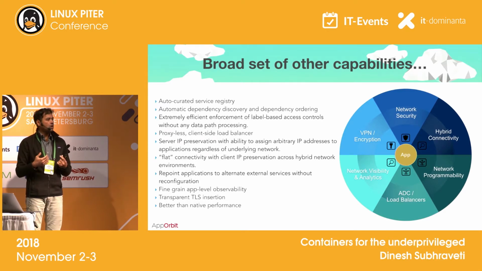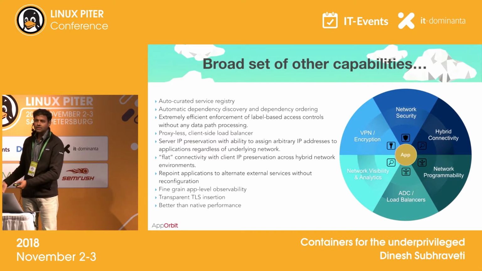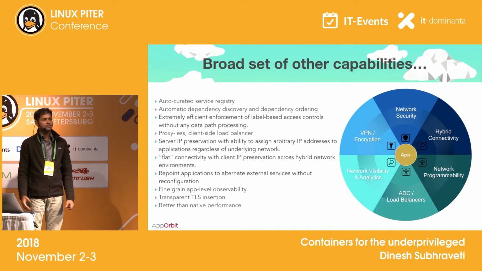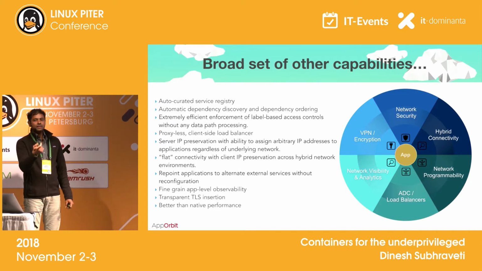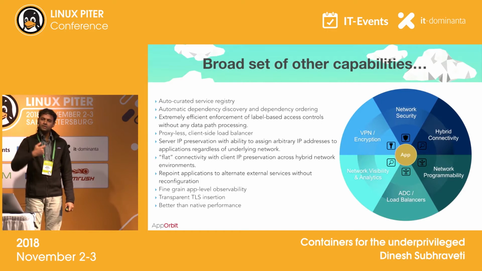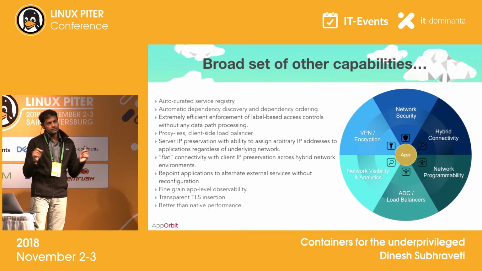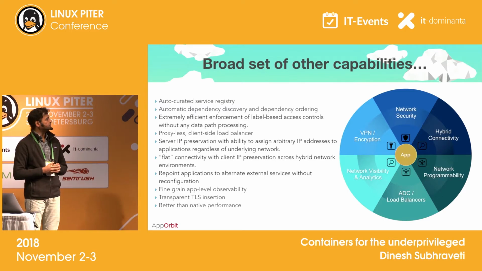So when I want to know who is connecting to me, I always end up seeing the proxy address as the source address. So I can't make decisions based on the client source. Or if I'm logging who is connecting to me, it is going to be the proxy the entire time, right? So that's not helpful. The real client IP has to be preserved at the server side, and that can be done with this layer of virtualization.